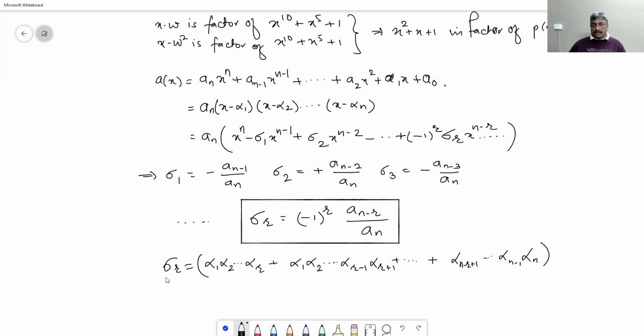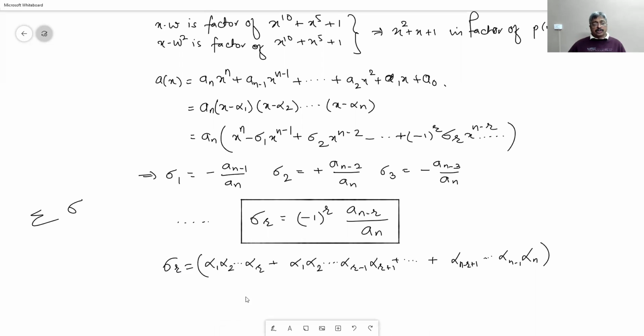Sigma means summation. R means take r terms at a time, do the product of them and add them. This is small sigma, this is capital sigma. What to add? Take r roots at a time, all possible ways, make a product of them and add them. That is your sigma r.